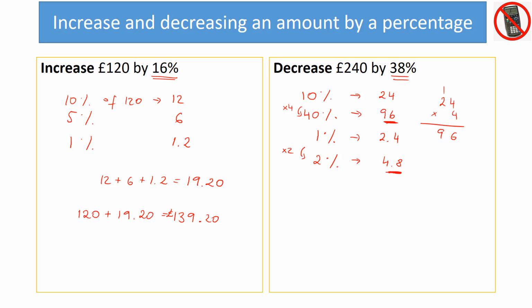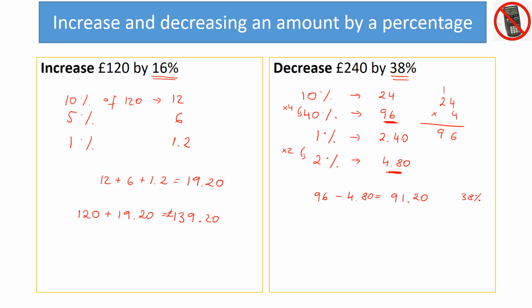So now I need this value and this value. Okay, so I want to take it away. So I need to work out 96 take away 4.8, which is 91.20, because we're dealing with money. Now this means that this is just 38%.